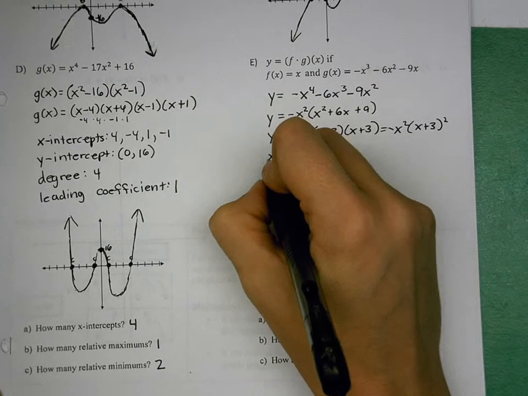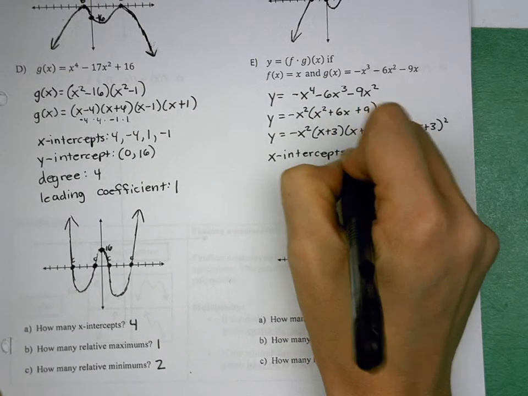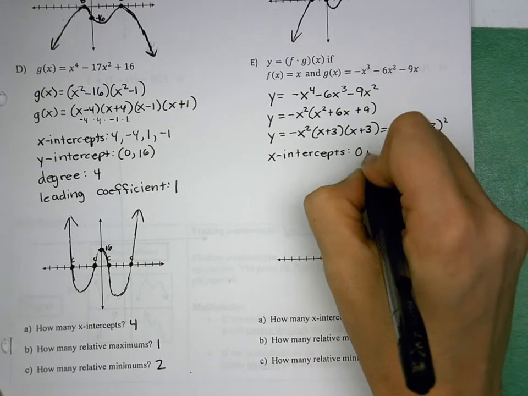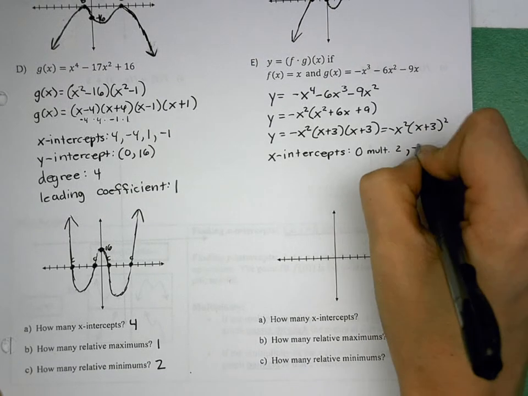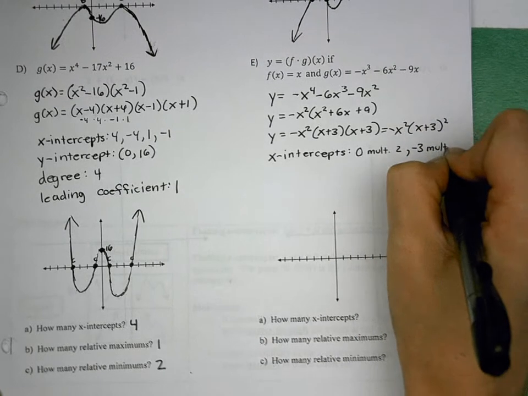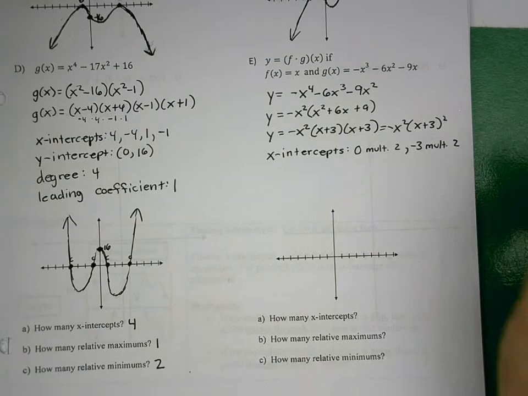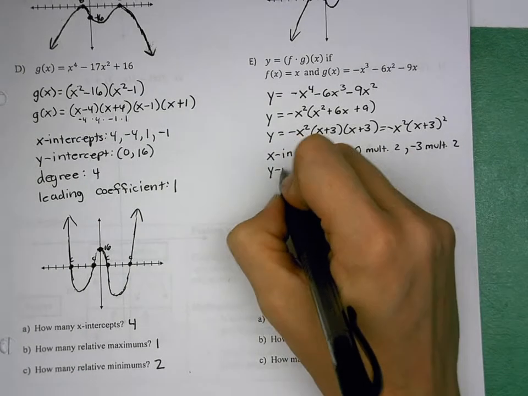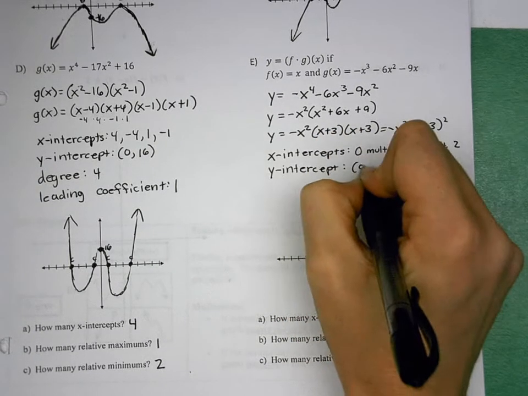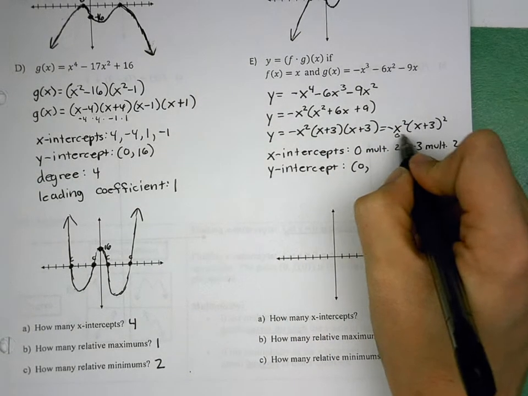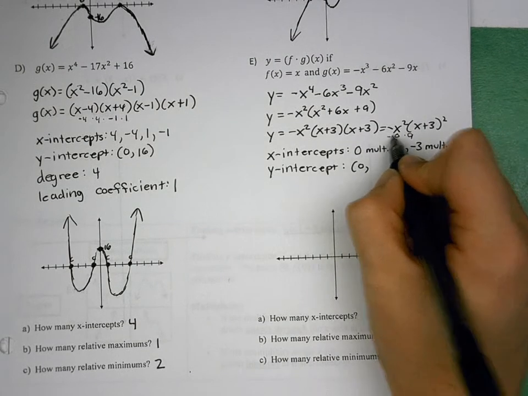Okay, so x-intercepts, we have 0, which has a multiplicity of 2, and negative 3, which also has a multiplicity of 2. Since they both have even multiplicities, they're both going to be bounces. Okay, y-intercept, when x equals 0, we would have 0 times 3 squared, or 9, times a negative, which is 0.